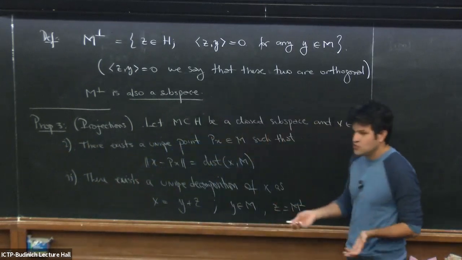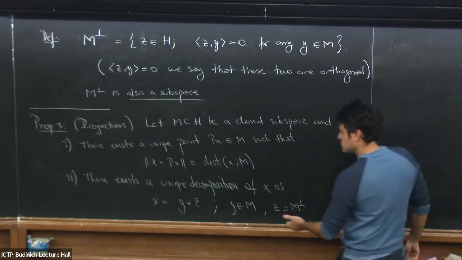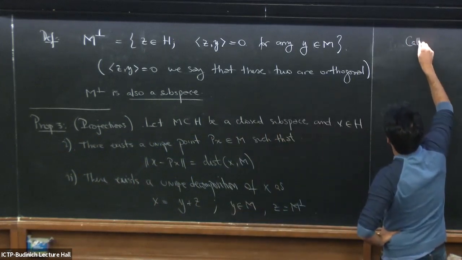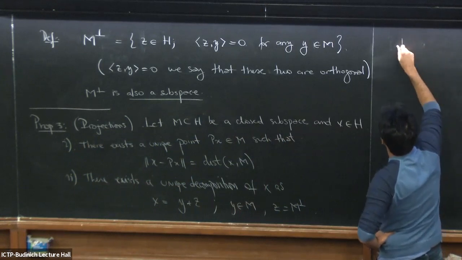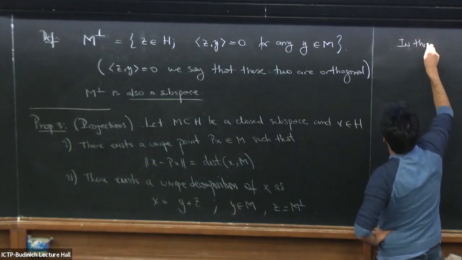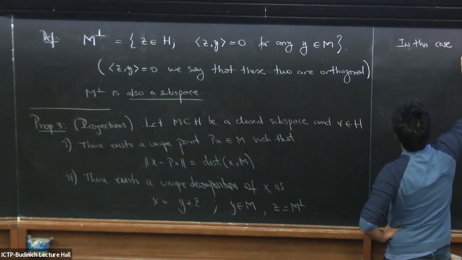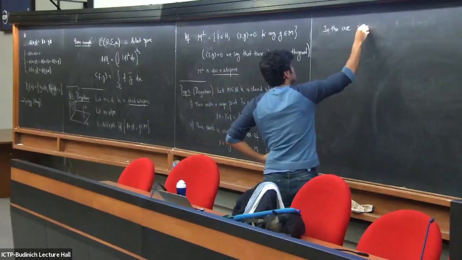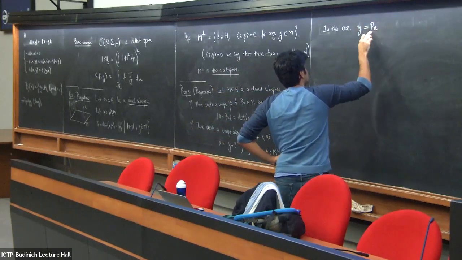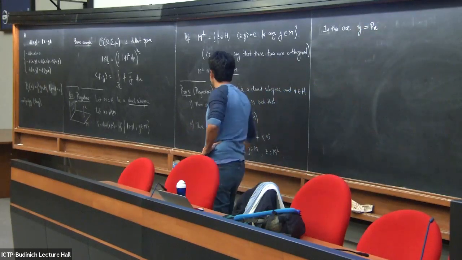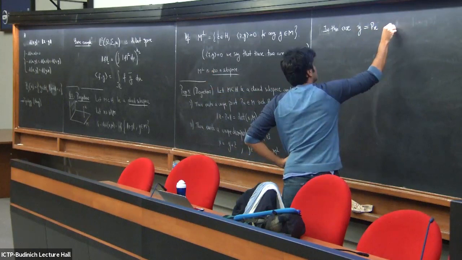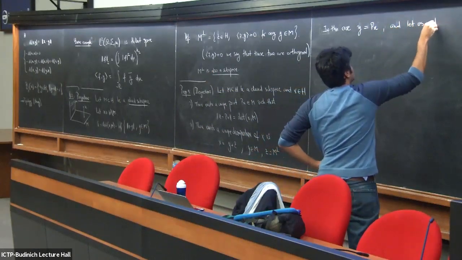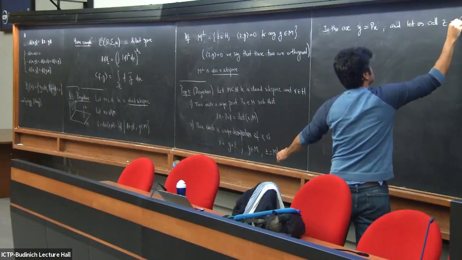There exists a unique way to decompose X as a sum of two guys, one in M and one in M perp. In this case, this Y that appears in this decomposition is going to be your projection of X, your P of X of the previous item. And let's call this Z Q of X.